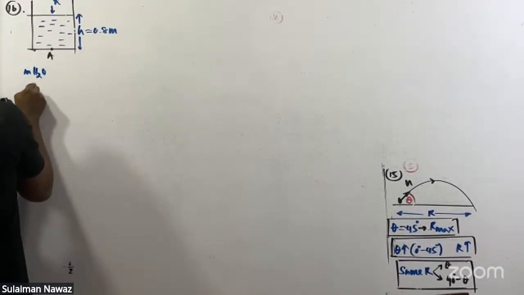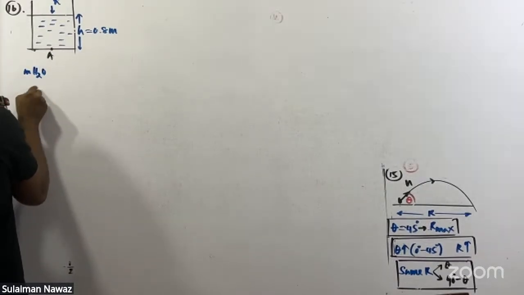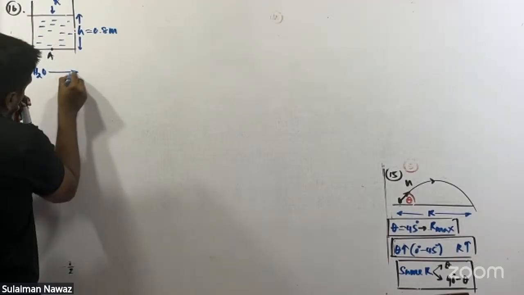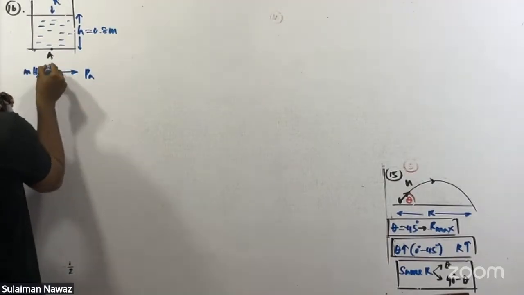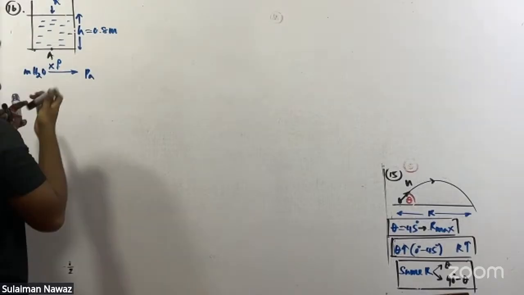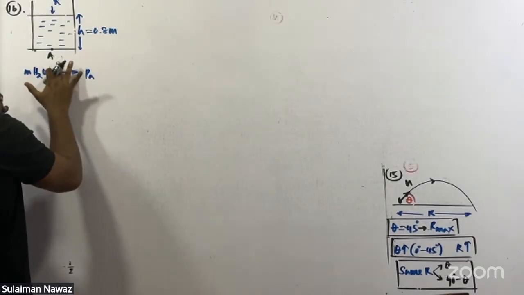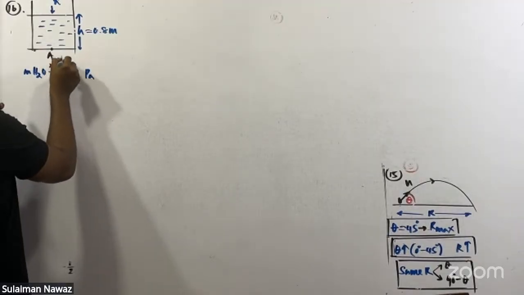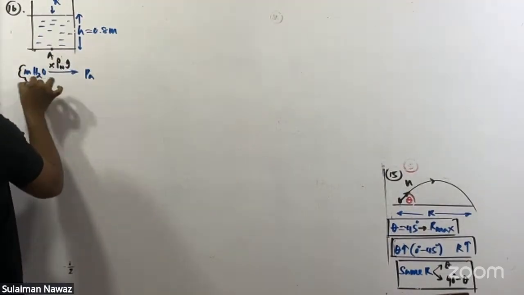Water meter is a unit to measure the pressure, like mercury millimeter, mercury centimeter. If you want to convert water meters to pascals, you want to multiply by density of water into gravitational acceleration.